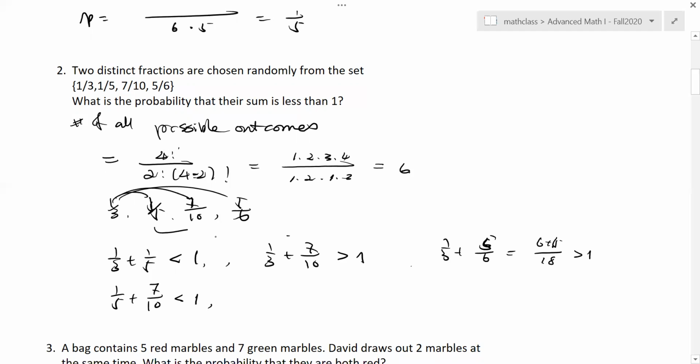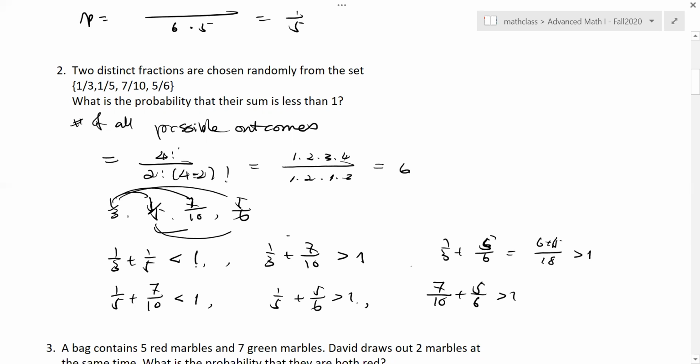Then this one, 1/5 plus 5/6, is clearly greater than 1. And then finally, 7/10 plus 5/6 is greater than 1.